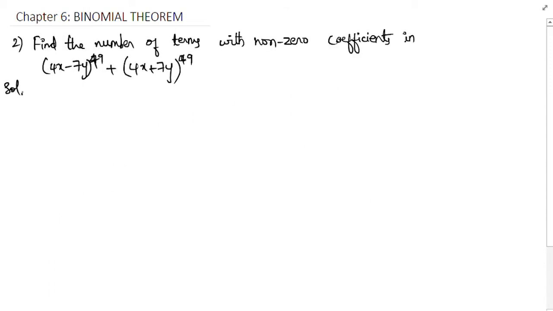Now we'll move on to the second question. Find the number of terms with non-zero coefficients in (4x - 7y) whole power 49 + (4x + 7y) whole power 49.